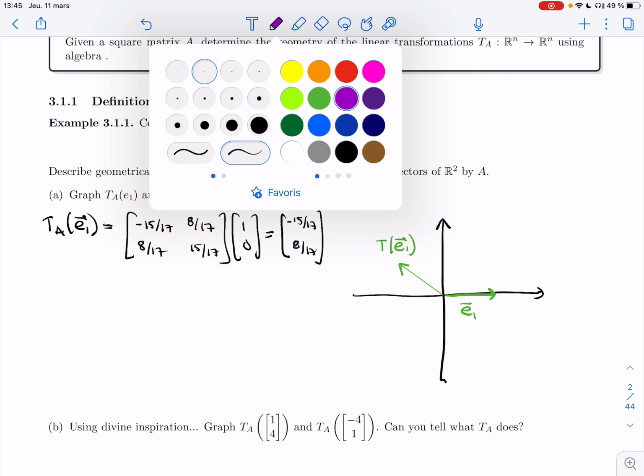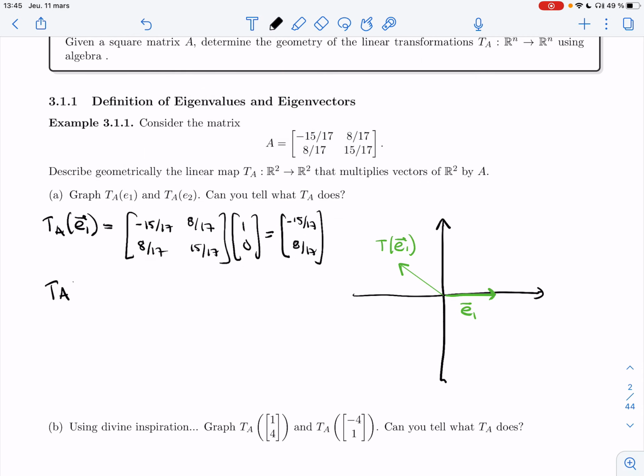All right, we now need to look at T of E2, and then minus 15 over 17, 8 over 17, 8 over 17, 15 over 17, times 0, 1. That's going to give you the second column. So 8 over 17 and 15 over 17.